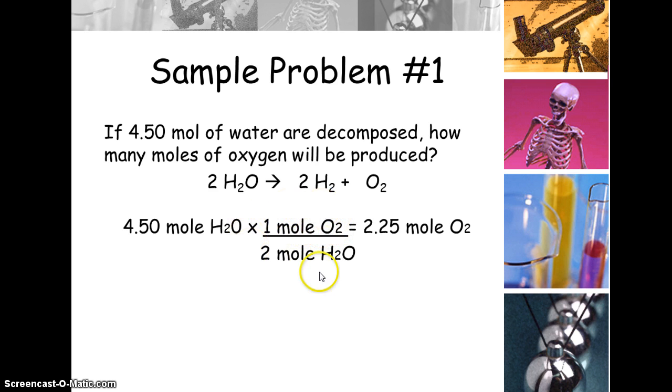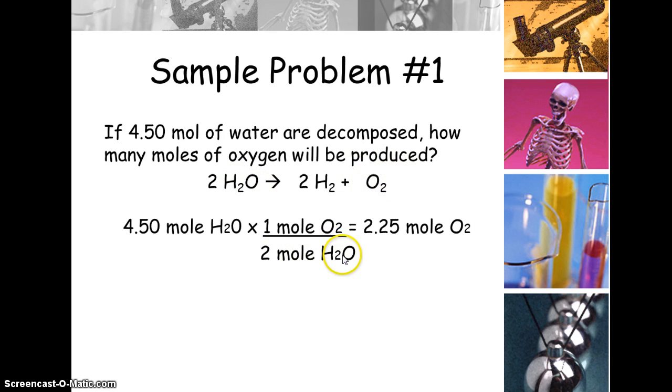So we've set up our ratio here. Remember, the numbers on top and the bottom are equal to each other. So because we start off with moles of water on the top, we're going to put moles of water on the bottom and convert to moles of oxygen. Now we know that in this reaction, for every 2 moles of water there's going to be 1 mole of oxygen.